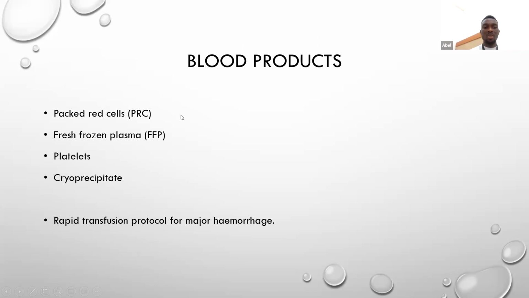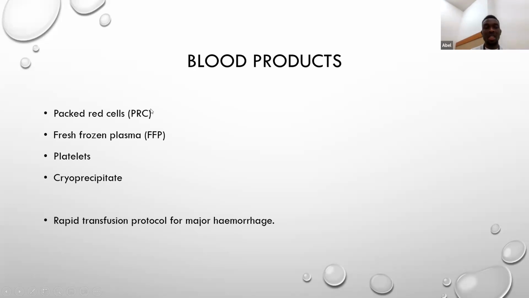Blood products are also something that you would be prescribing as well. So you can be prescribing packed red blood cells or fresh frozen plasma or platelets or cryoprecipitate. By far the most common thing would be packed red blood cells. So that's something to be aware of. Again, I think there's a paper prescription aspect to this.